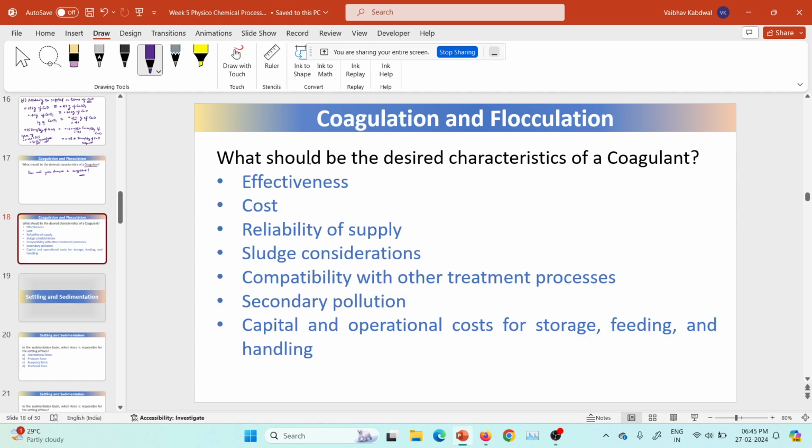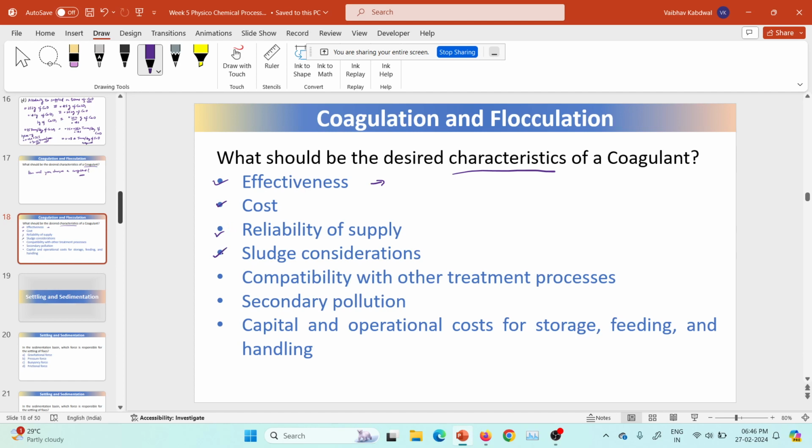You can see these desired characteristics. How effective is it? Effectiveness we can understand in terms of the pH of the wastewater we are going to treat, and whether the coagulant is effective in that pH range or not. So we'll check the effectiveness, the cost, and the reliability of supply, whether we are getting a continuous supply of coagulant or not.